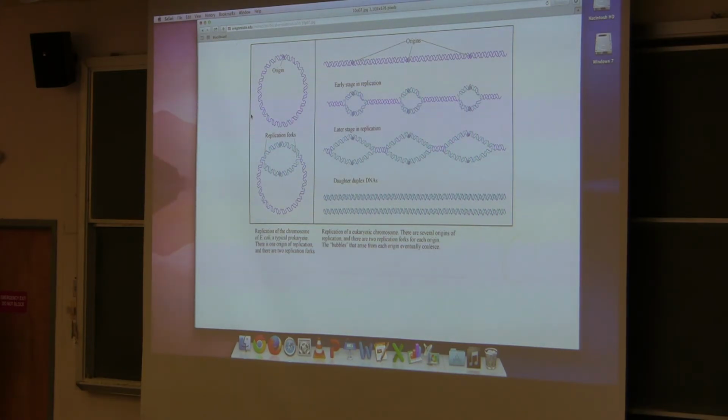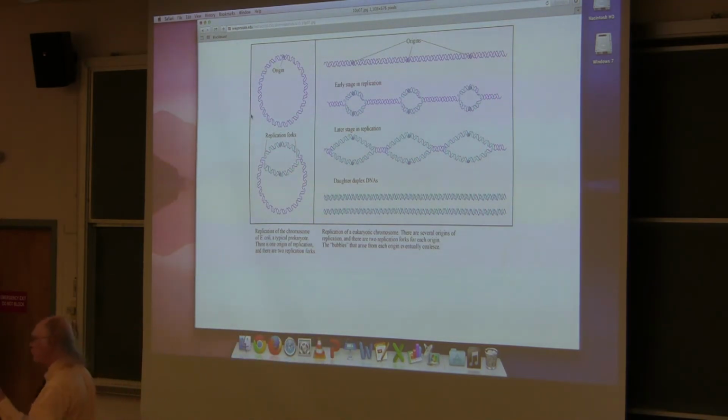It turns out that the process for replicating, that is copying, duplicating, a circular DNA is different than it is for a linear DNA. Now, the overall process that we'll see is very similar. That is the copying of the strands.